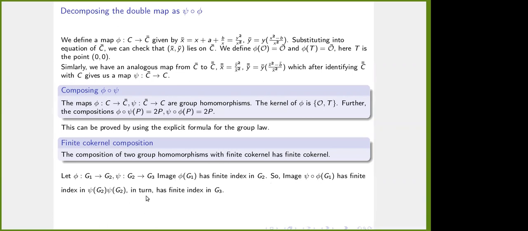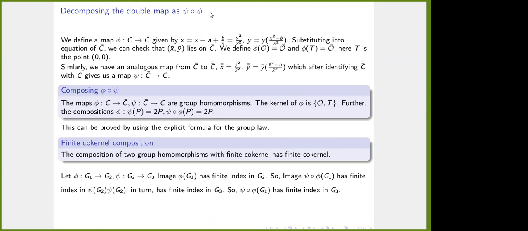And again, we know that psi of G2 has finite index in G3. So you have a group sitting as a finite index subgroup of something which itself sits in finite index in G3. So we get that psi of phi of G1 has finite index in G3. So basically what we have done is that we have expressed the doubling map as a composite of psi and phi.